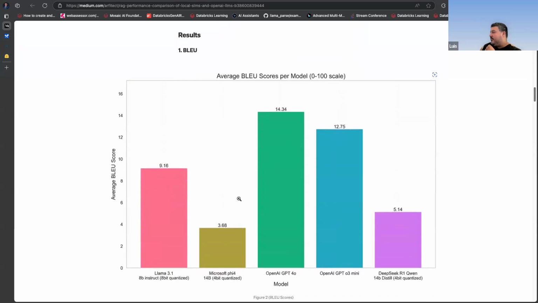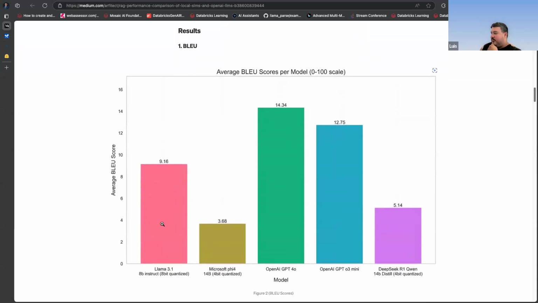So doing this scoring, we looked at how Llama 3.1 8B quantized, remember, compressed to 8-bit, how well that worked. Phi-4, 4-bit compressed, how that worked. They used the two local APIs, GPT-4, GPT-3 Mini, and DeepSeek 14B quantized to 4-bit, and how each model responds.